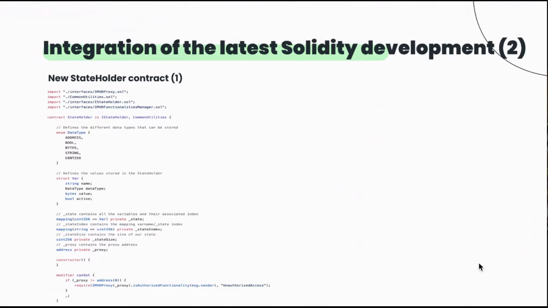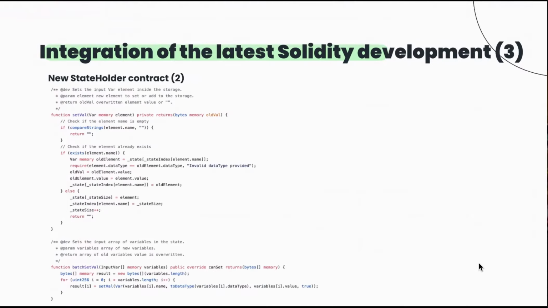As you can see, we have the struct var that contains all the data of a variable stored inside our StateHolder. And of course, the setVal method, which is the function inside the StateHolder contract that sets a variable inside the state, takes as an argument the element, which is of type var.